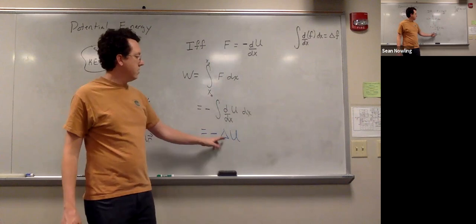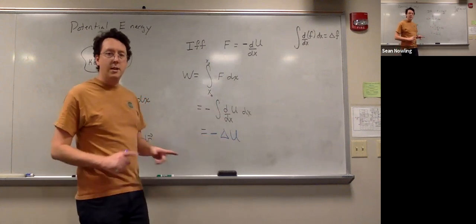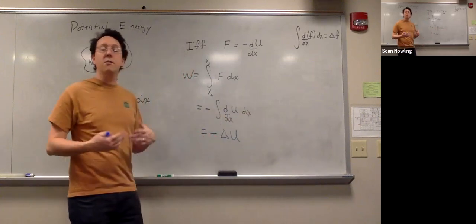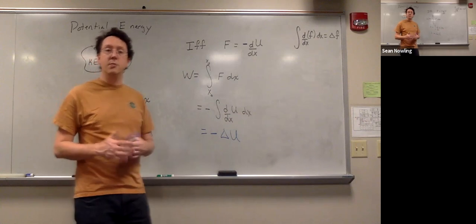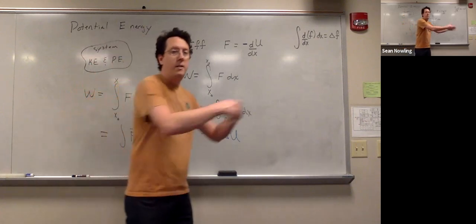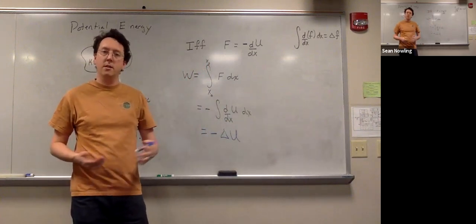Since the integral is going to be a total derivative, you're just going to get delta U going forward plus delta U coming back, and you're going to find no change in potential energy. So basically you start with some potential energy. If you add more to it, and then you take that added amount back, you get back to where you started.